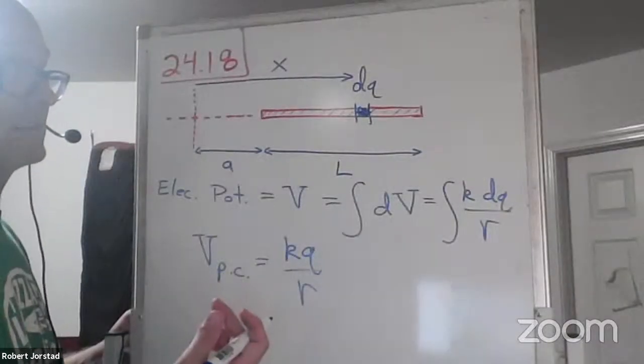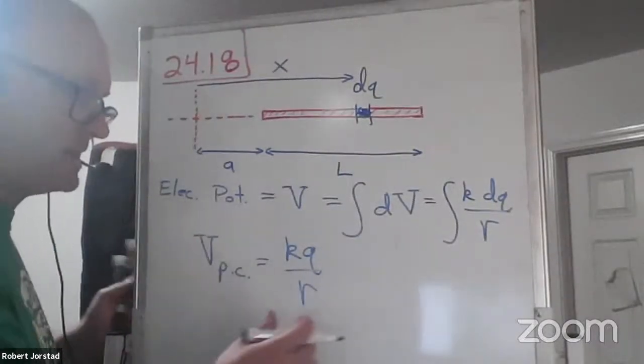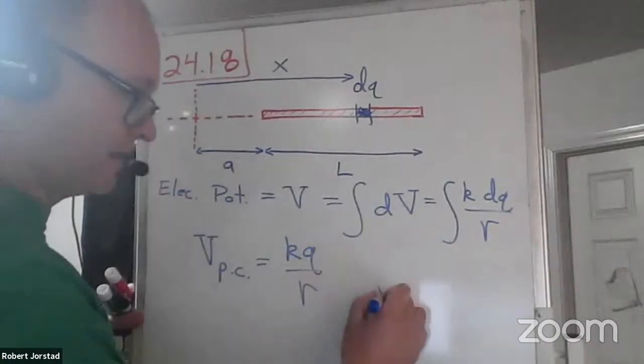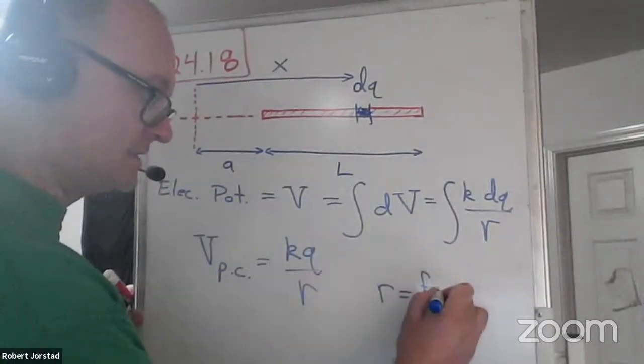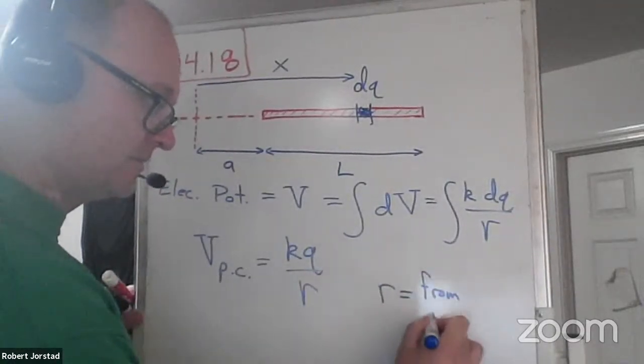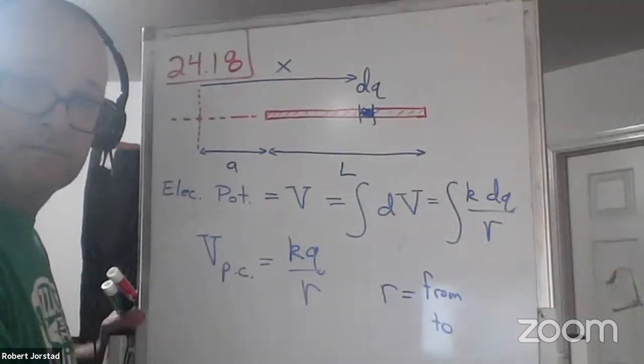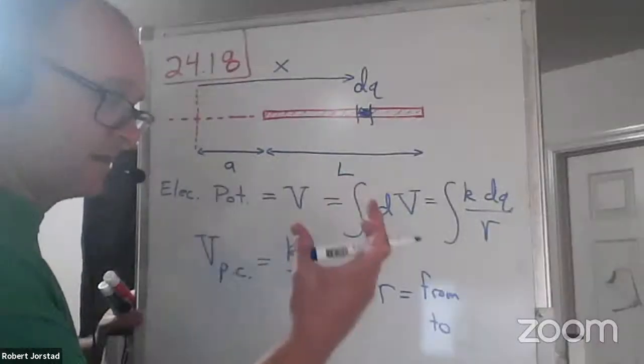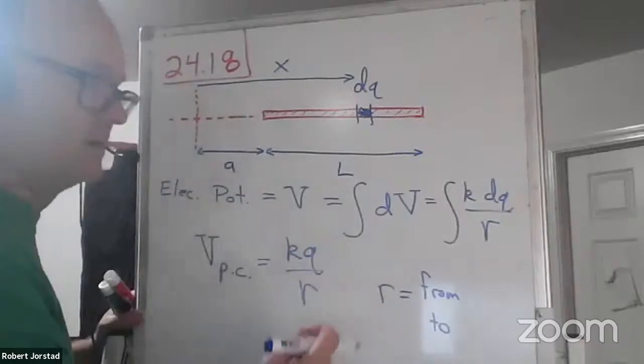All right. So all I need is the r vector. Now, what does r mean, right? r is from what to what? POI to... It's always from the source to the POI. Yes.